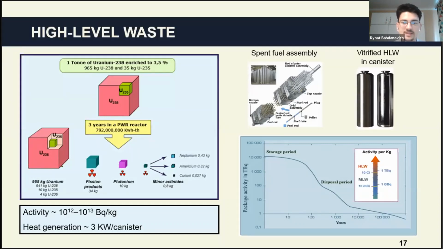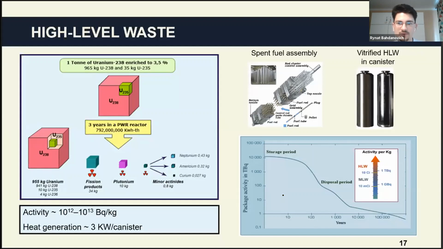The fuel waste exiting the reactor will also include 34 kilos of fission products, 10 kilos of plutonium, and 800 grams of minor actinides. All of the newly formed products are highly radioactive.